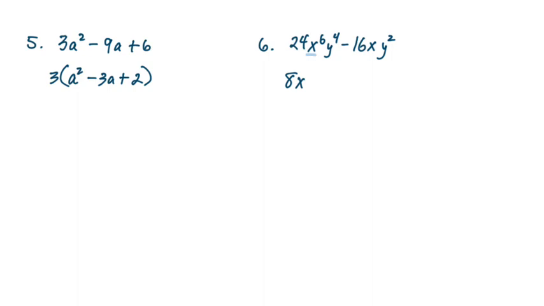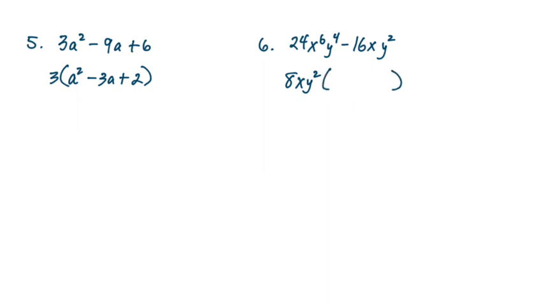So there's 6 factors of x in this term. And in this term, there's only 1 factor of x. So they both have at least one factor of x in common. And then the smallest of the 2 powers for y is y squared. So 8xy squared is what you should have gotten for your GCF.